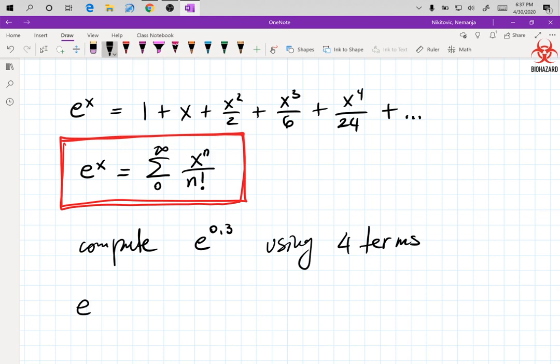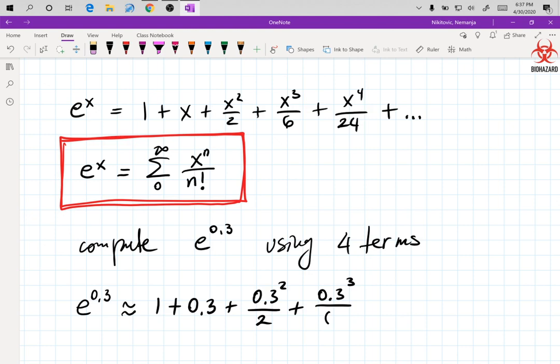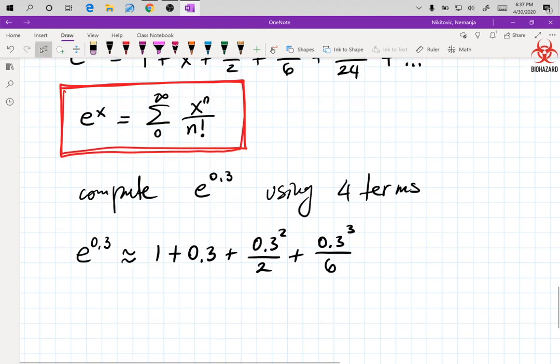Well, e to the 0.3 will be approximately equal to 1 plus 0.3 plus 0.3 squared over 2 plus 0.3 cubed over 6. That's the 4 terms. And now you compute these without a calculator, right?